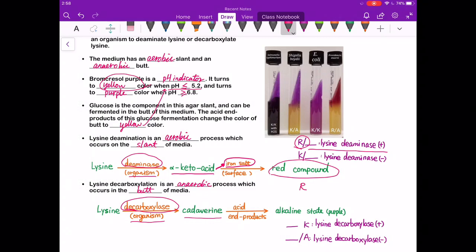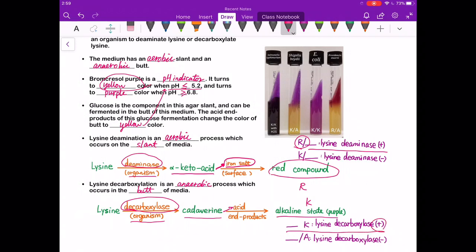The cadaverine can neutralize the acid, which is formed by the glucose fermentation. Then the alkaline state will be formed in the butt of this agar slant. So we use capital letter K to represent the formation of the alkaline state, which indicates there is an organism that can produce the lysine decarboxylase. So K means lysine decarboxylase positive.